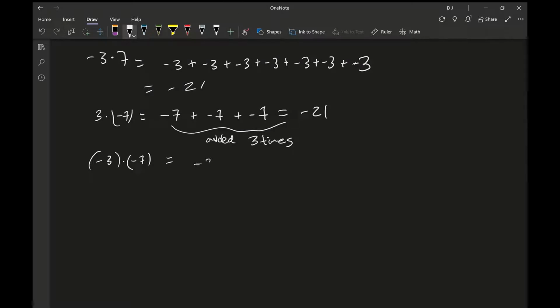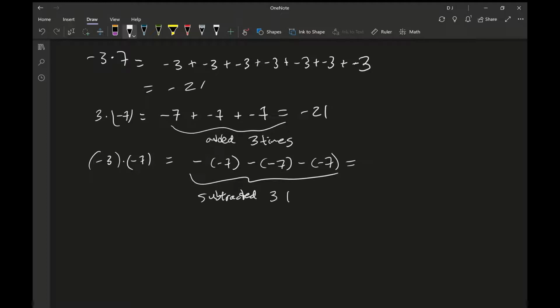So this would be -7, -7, -7. I seem to be having trouble. I don't know if this is a very satisfying answer, and this will get us subtracted, +21.